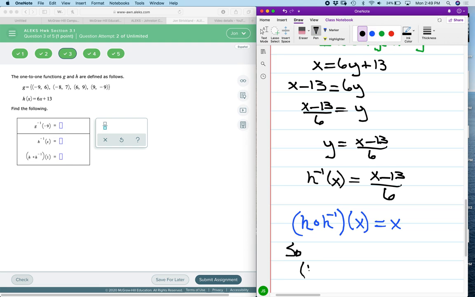So it's going to follow that whenever x is equal to 1, this will come out to 1.